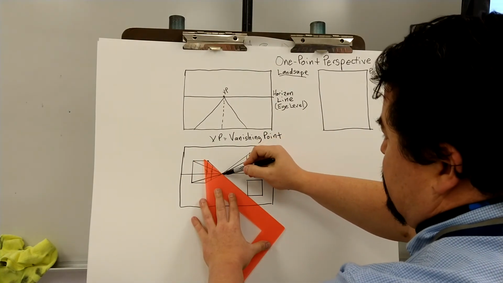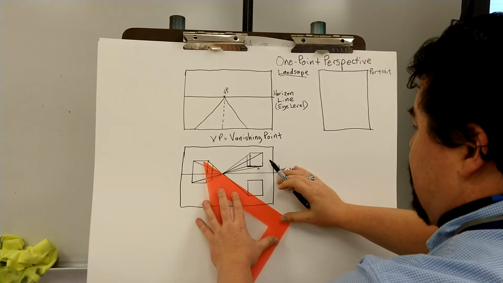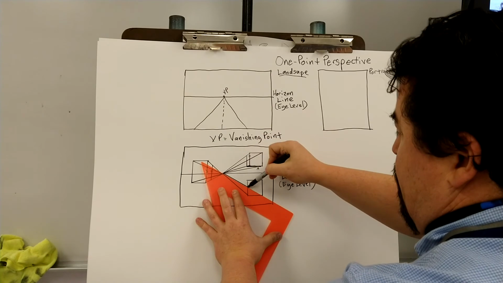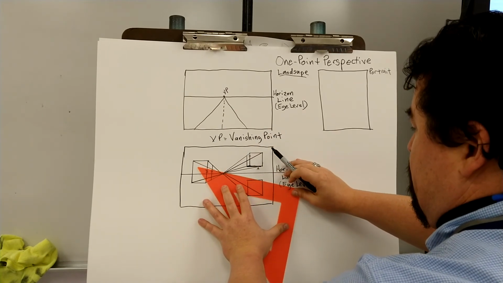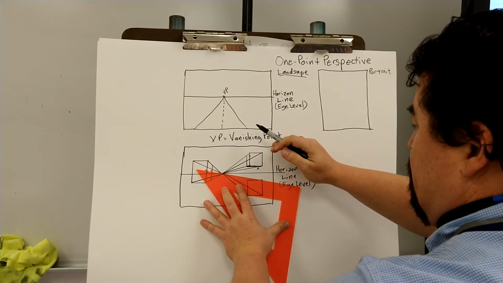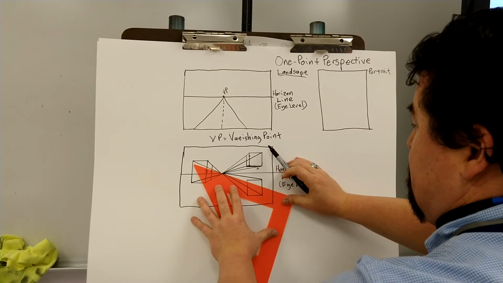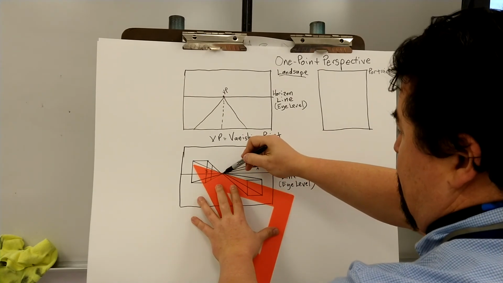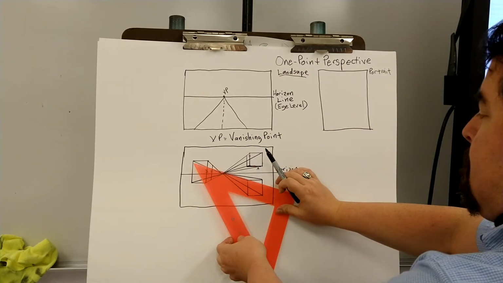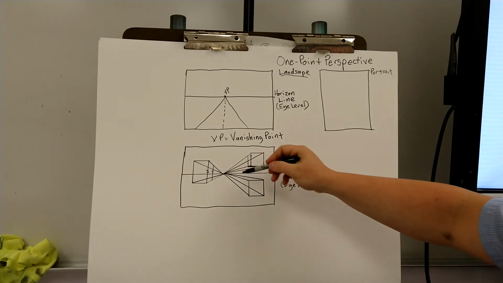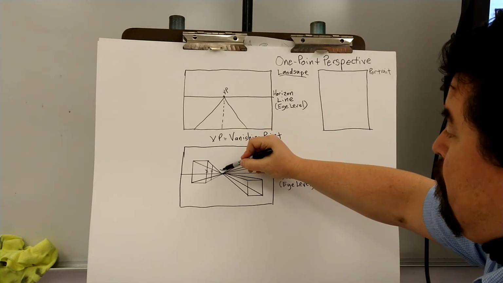We have 4 corners, so we should have 4 lines. Now our cube is going forever to the vanishing point.